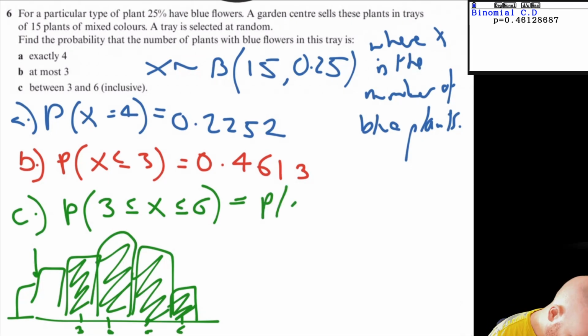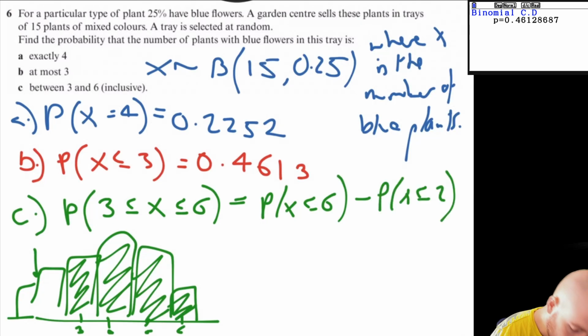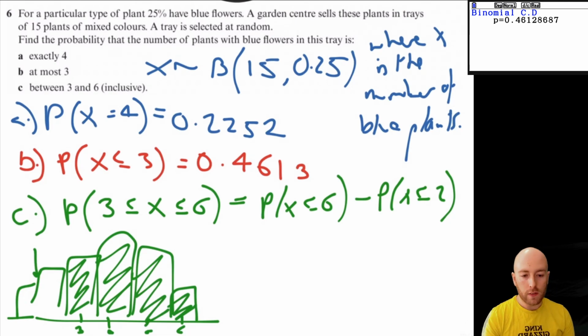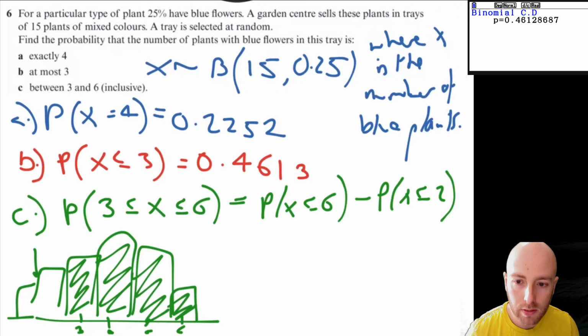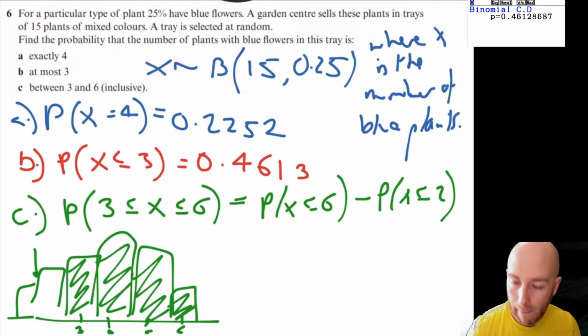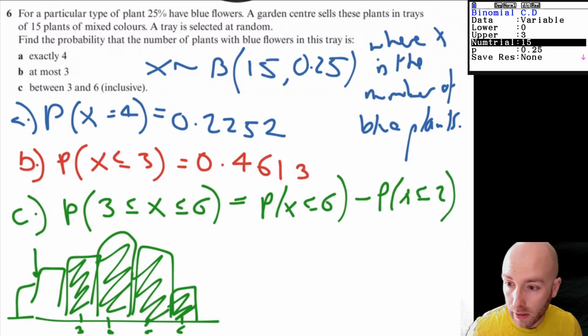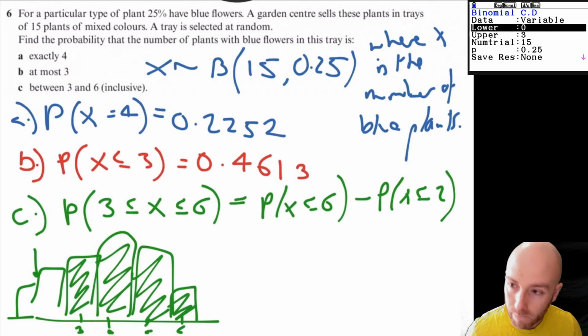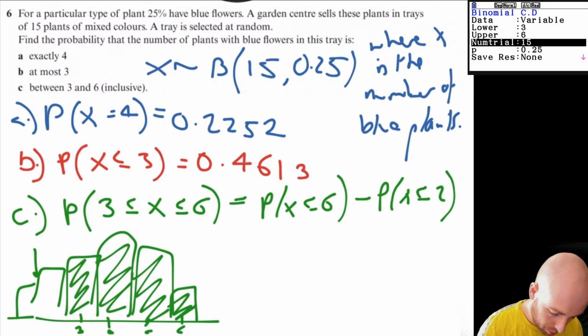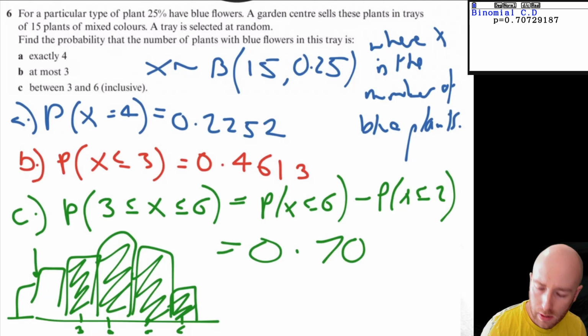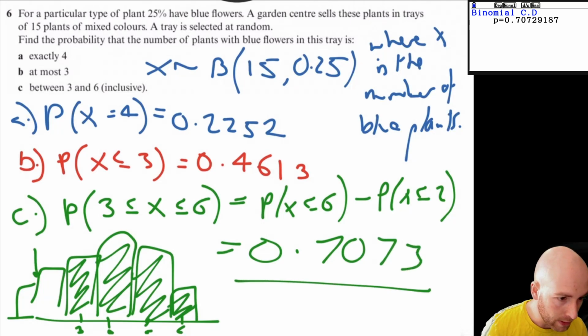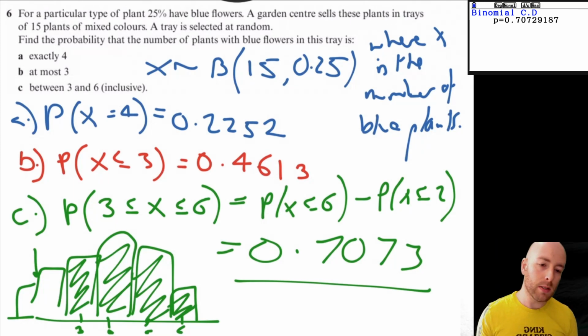So we're going to do the probability X is less than or equal to 6, take away the probability X is less than or equal to 2. And that's how you do it on the ClassWiz calculator. Either way you do it, if I type it in on the other one, it's going from 3, so 3 is our lower, 6 is our upper. Done. So 0.7073. Again, all of you good, but you need to include that last decimal place if you could there.